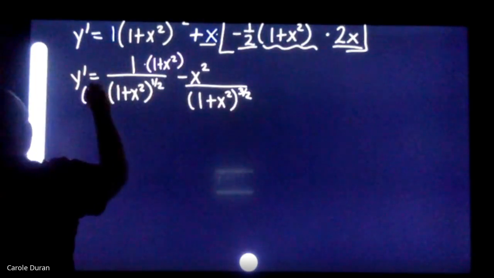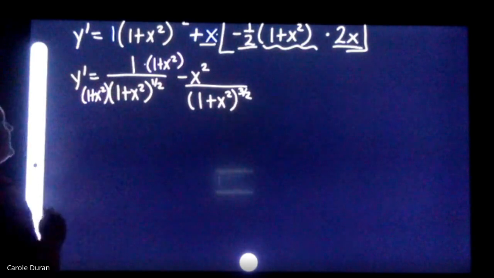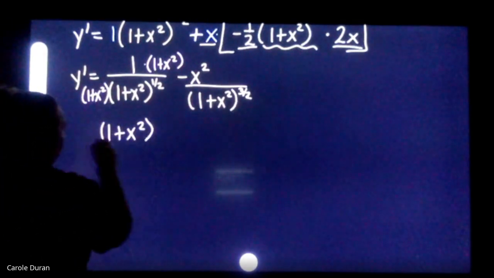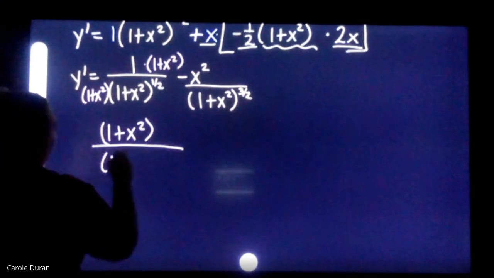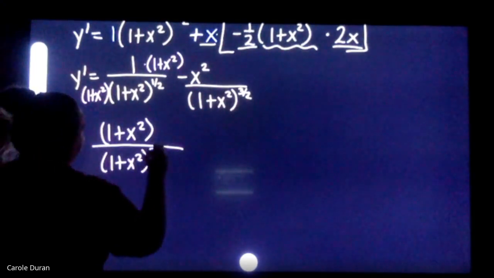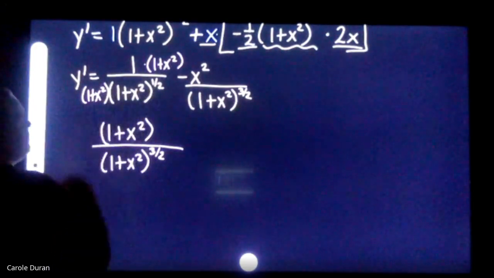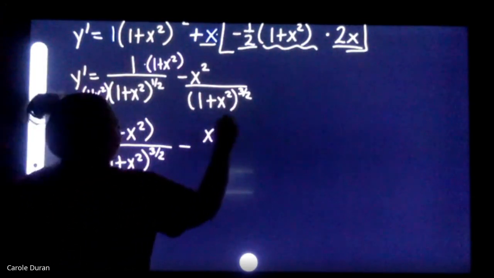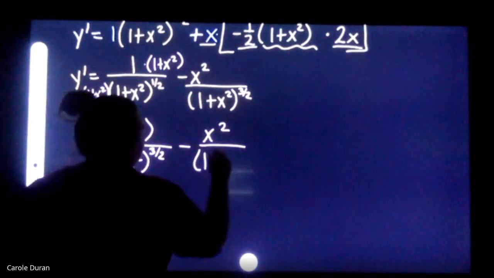In doing that, I get 1 plus x squared over (1 plus x squared) to the positive 3/2, because 1 plus 1/2 is 3/2. And then minus, my second fraction stays the same.